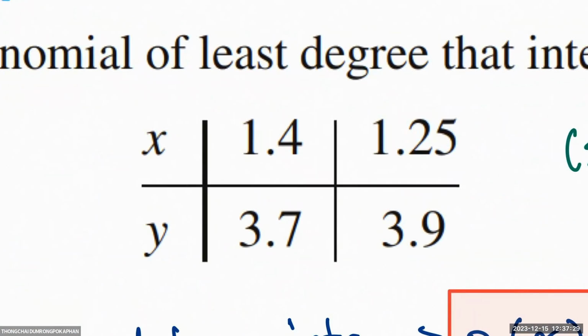Now, suppose you have this data. X is 1.4, Y is 3.7, and X is 1.25, Y is 3.9. You have two data points, and you want to find polynomial degree 1.